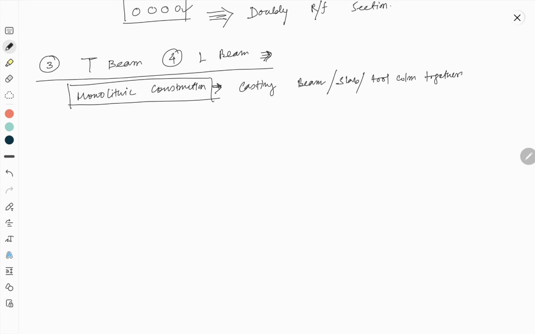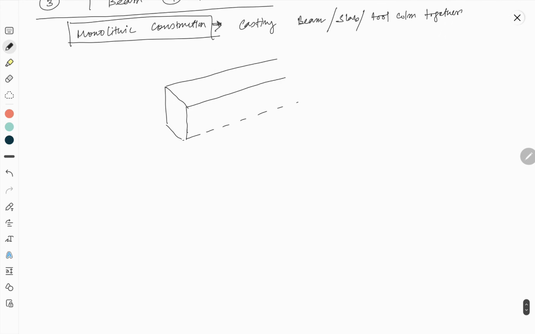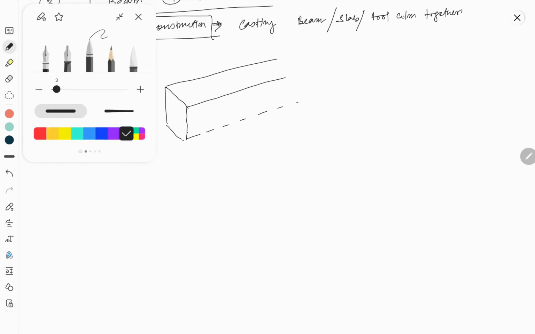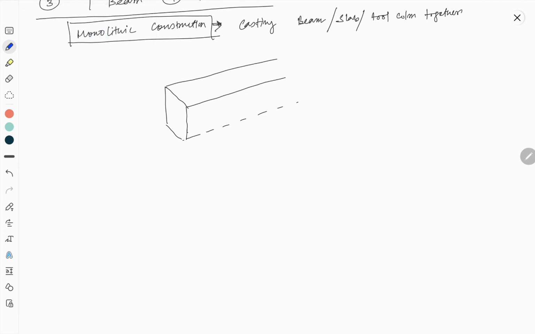Suppose this is your beam, and above the beam this is your slab.